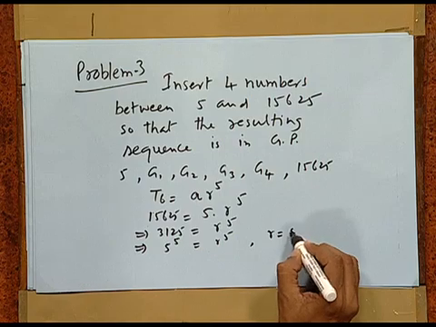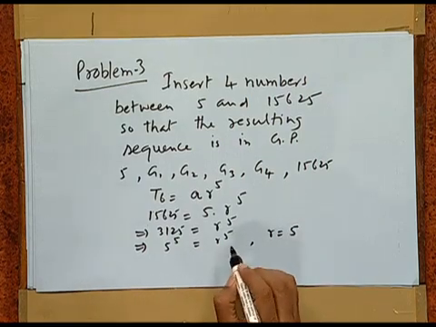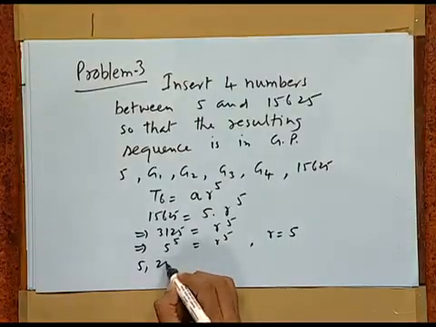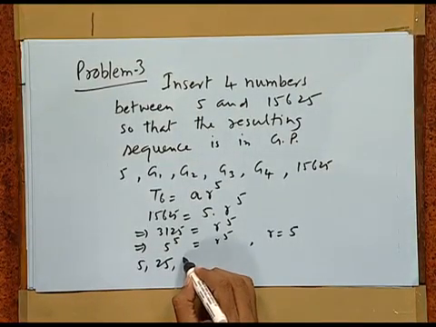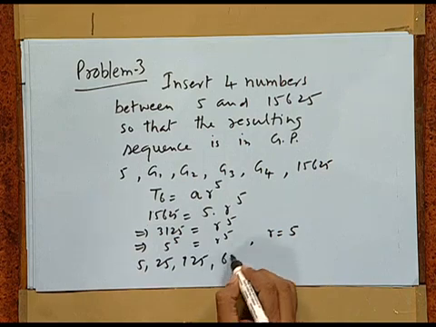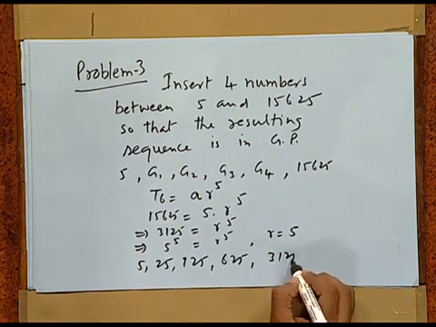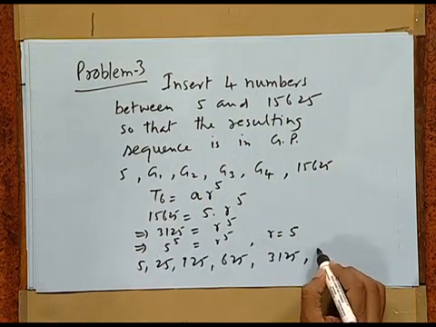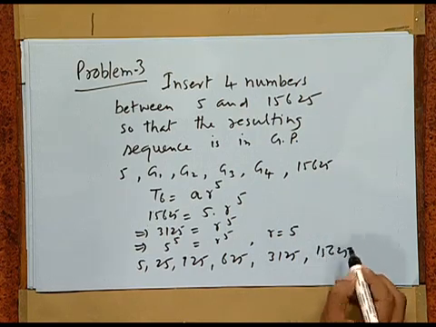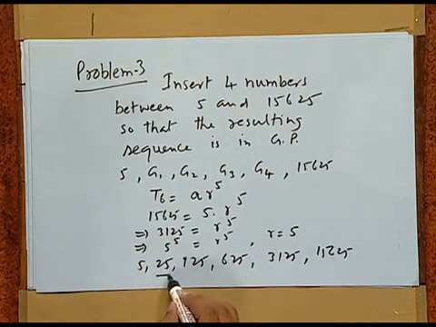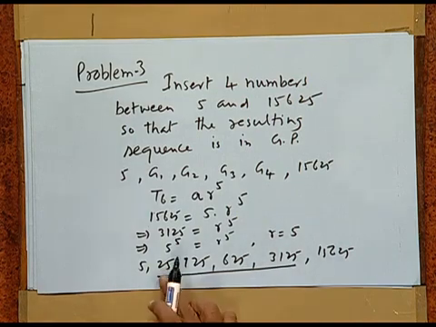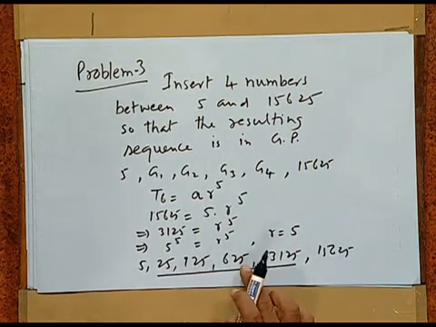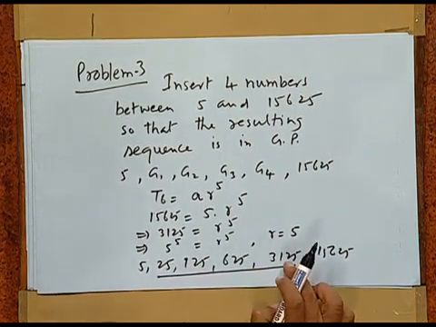So, we get r is equal to 5. Hence, the numbers will be 5, 25, 125, 625, 3125 and 15,625, whereas the required numbers are the middle numbers, namely 25, 125, 625 and 3125.